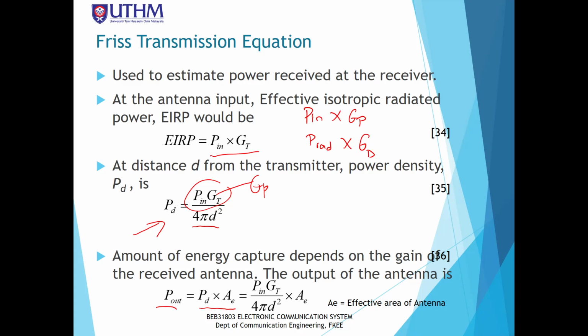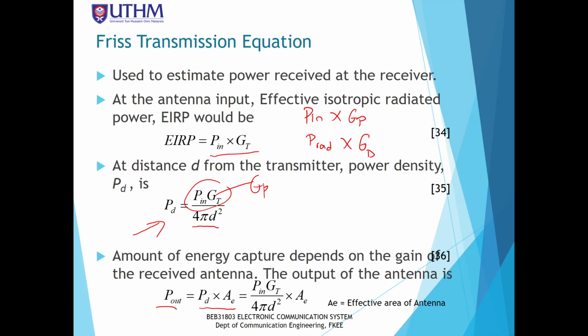Okay, normally in the question we give the same antenna, transmit antenna and receiving antenna with the same characteristics. Biasanya kita bagi antenna jenis yang sama. In that case, if you see from the previous questions, the transmit antenna and the receiving antenna are the same. That means the gains are the same. Okay, untuk memudahkan pelajar biasanya kita bagi yang sama.